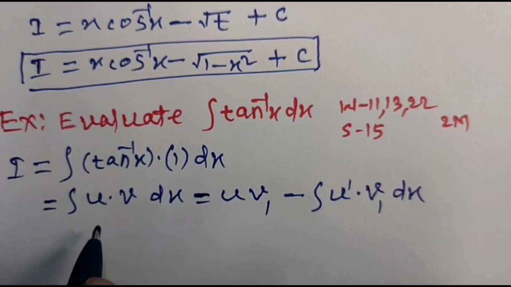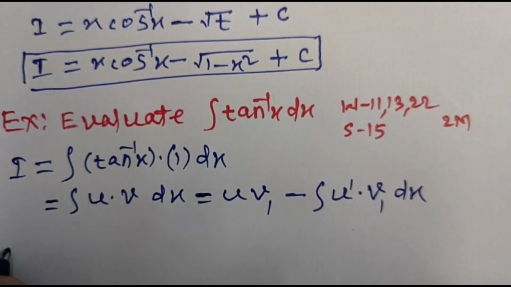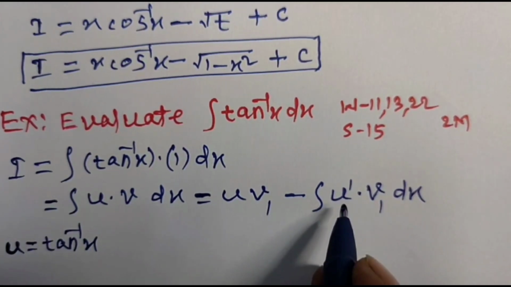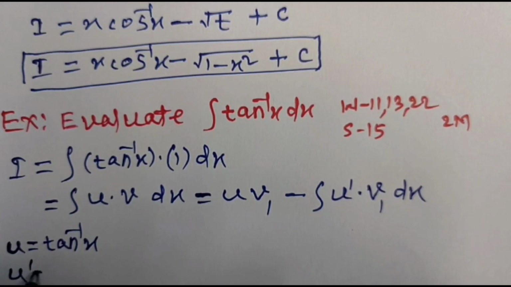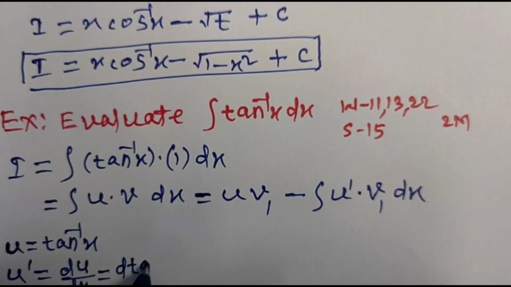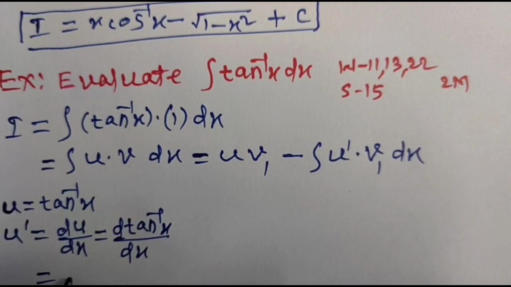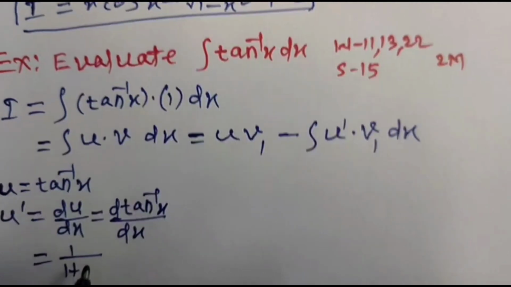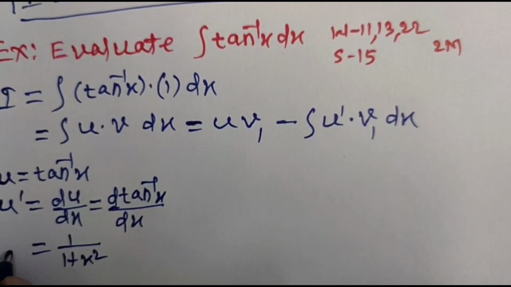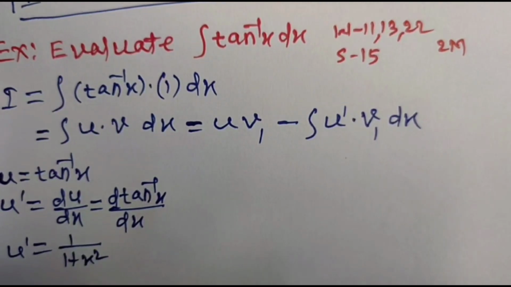Now here u is tan inverse x. Hence we want only u dash. U dash is the derivative of u with respect to x, which is derivative of tan inverse x with respect to x, and this is equal to 1 upon 1 plus x square. This is u dash. And then we want v1.